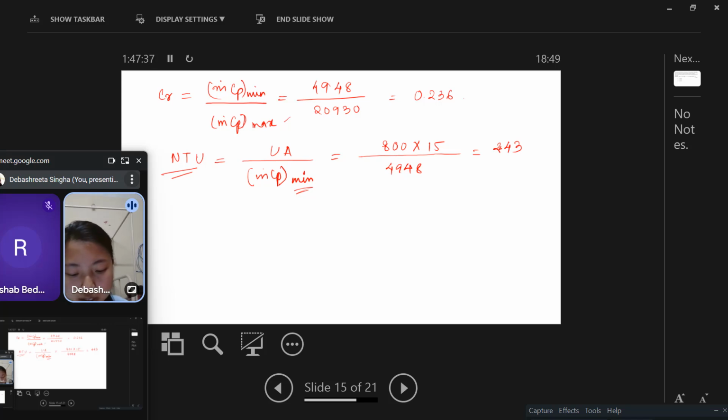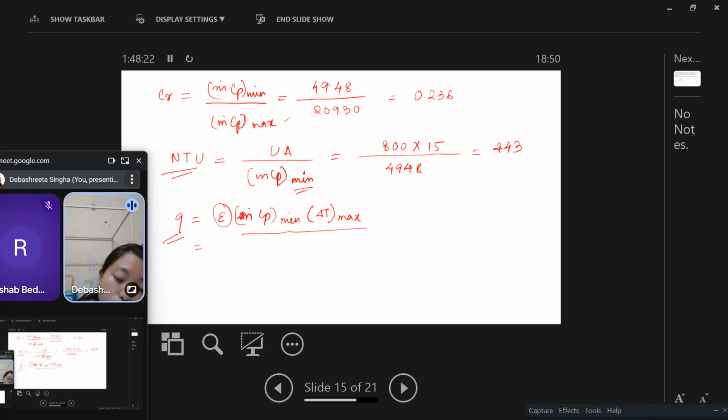Once we get this NTU, then we have Q, which is equal to epsilon m dot Cp minimum delta T max. In the previous questions, all were directly Q equal to m dot Cp minimum into delta T max.